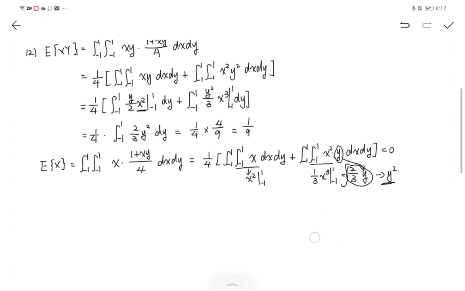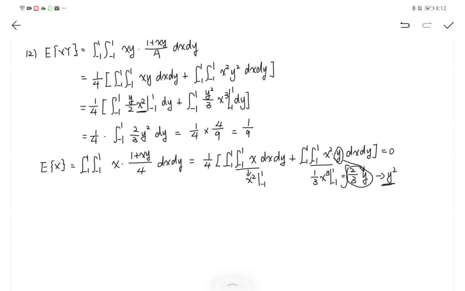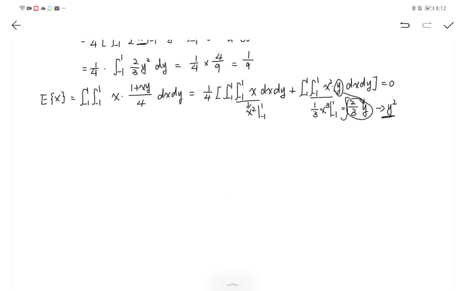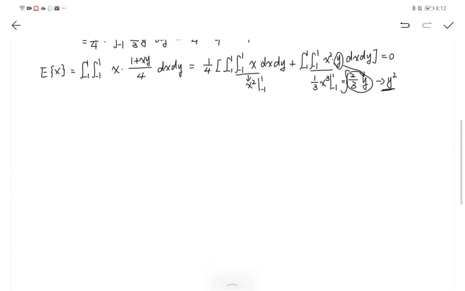Now we know that the expectation of XY equals 1/9, and the expectation of X equals 0, so we can get the conclusion directly that the expectation of XY doesn't equal the expectation of X times the expectation of Y. So we can see that they are not uncorrelated.